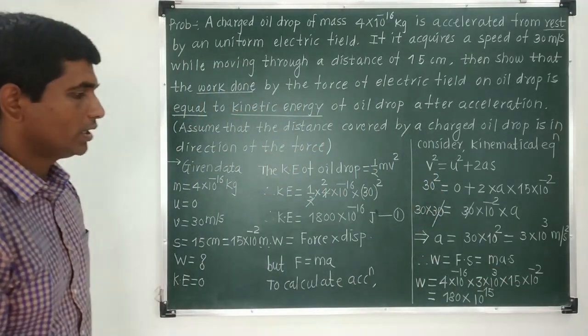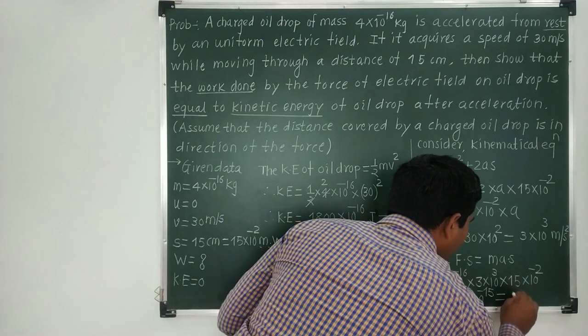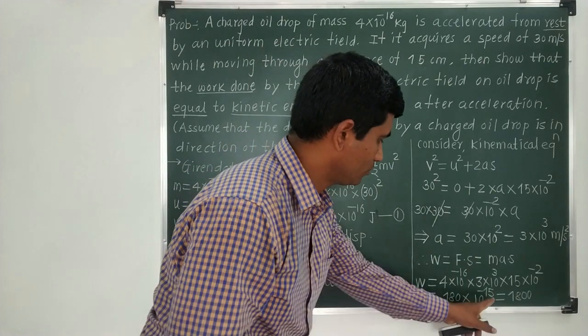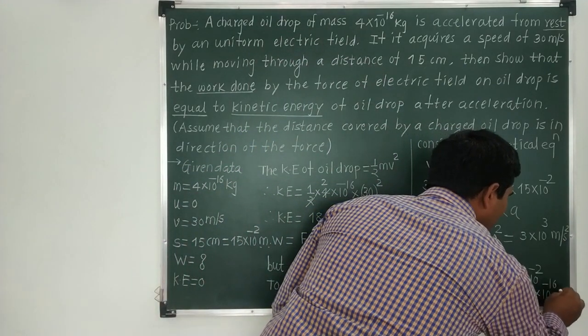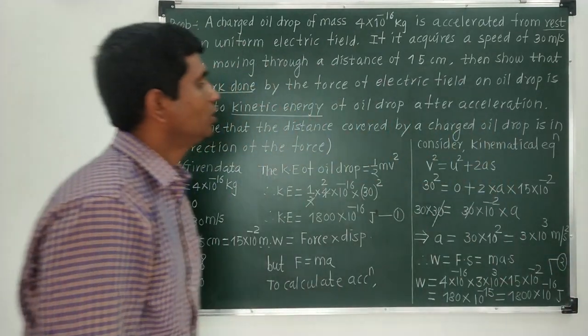So it is 180 into 10 raised to minus 15. We can rewrite this as 1800 into 10 raised to minus 16 joule. Let us call this equation number 2.